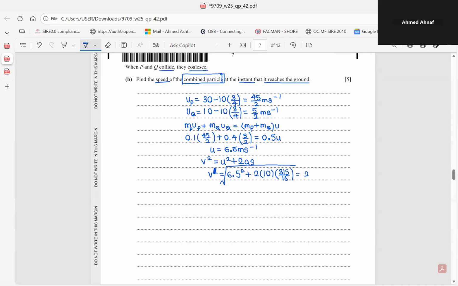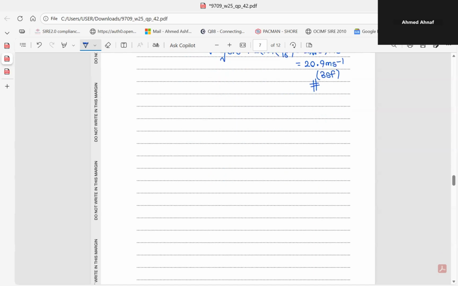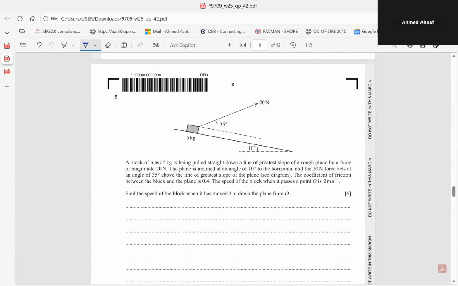So you would get root 109 meters per second. Or to 3SF, you get 20.9 meters per second. So yeah, this would be the final answer for this last part as well as the entire question. Let's move on to the next question.